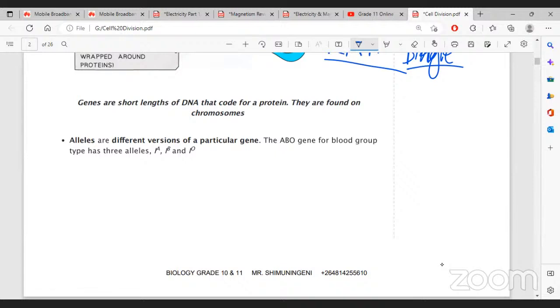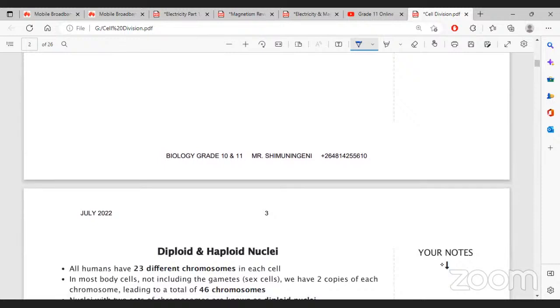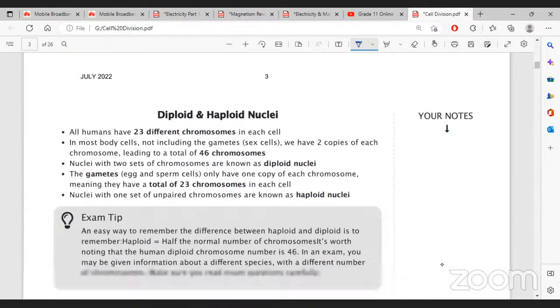That is the A, the B, and the O. So that means if you have this kind of gene as a blood group, you can donate blood to an A group person, or a B, or an O, because you have all the genes. But you can as well receive from those people that have those blood groups. I think this is the best blood group you can have.